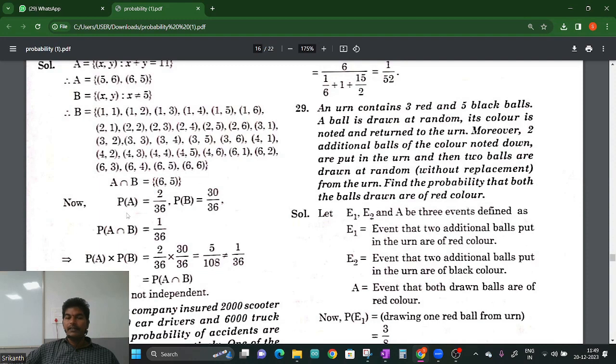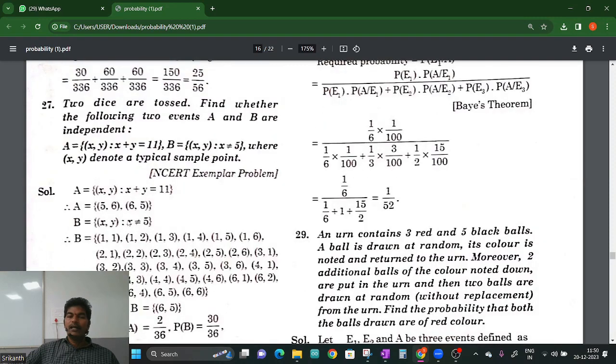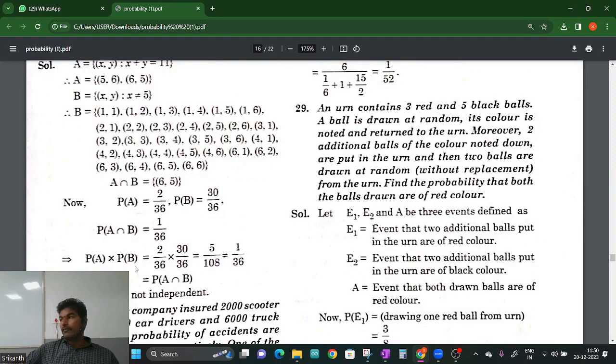Intersection. So P of A will be 2 events out of 36. P of B will be 30 events out of 36. A intersection B will be only (6, 5), 1 out of 36. So what is it asking for? We have to cross check independent or not. A intersection B is how much? 1 by 36. We will consider P of A into P of B. P of A is 2 by 36.